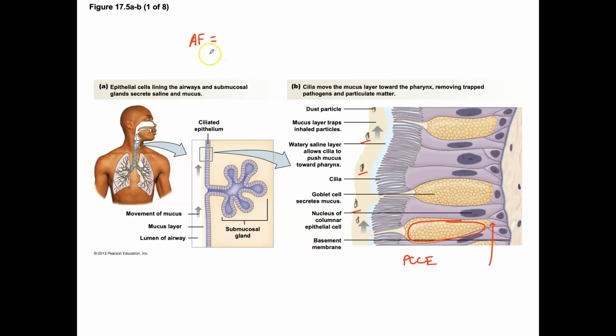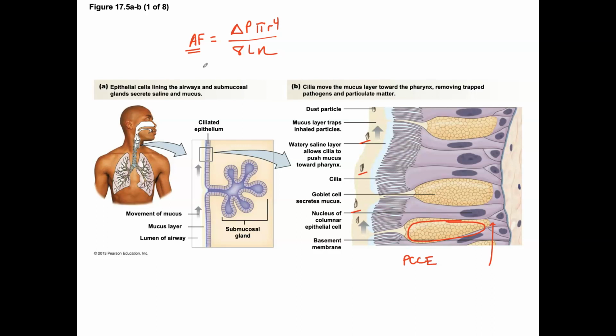What's interesting is that airflow follows the same physics properties that blood flow follows. So if you're familiar with delta P pi r to the fourth over 8L eta, this is Poiseuille's law. If you're familiar with that law as it relates to blood flow, you can simply use it to describe airflow as well.